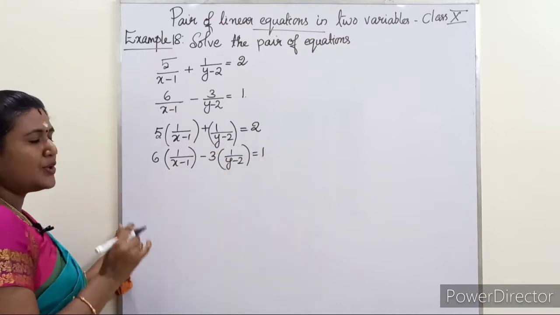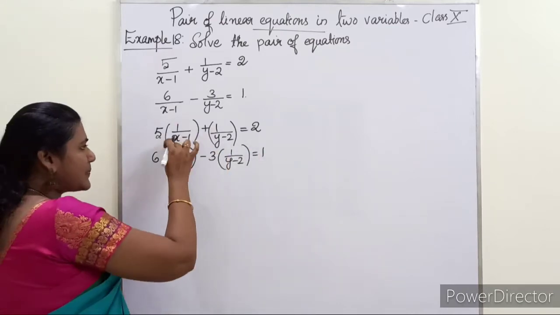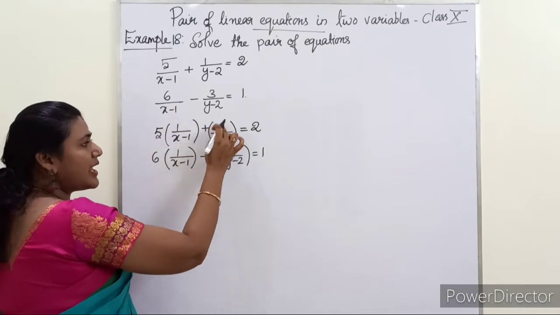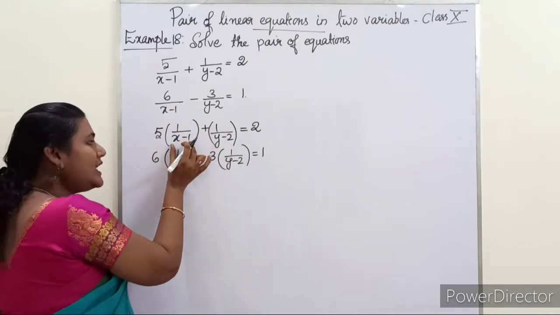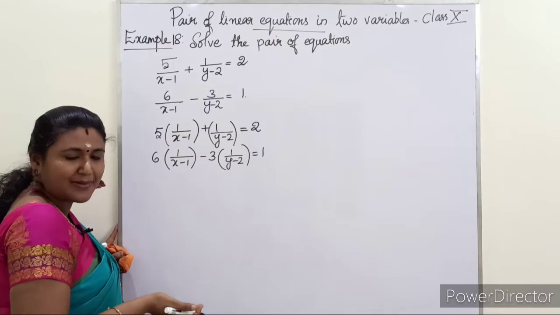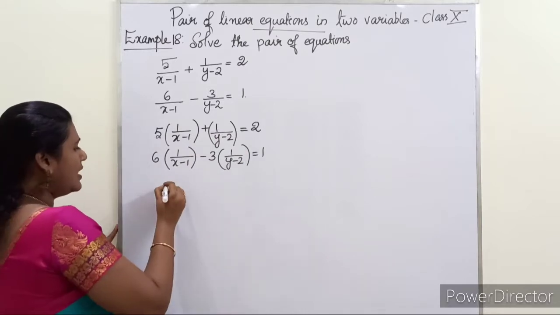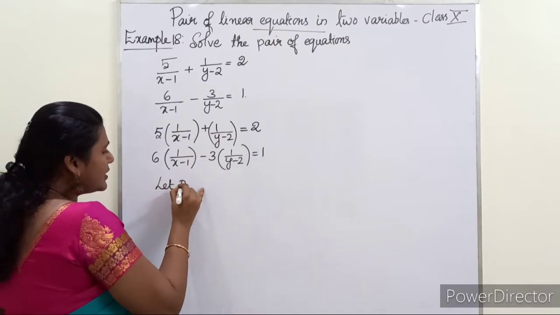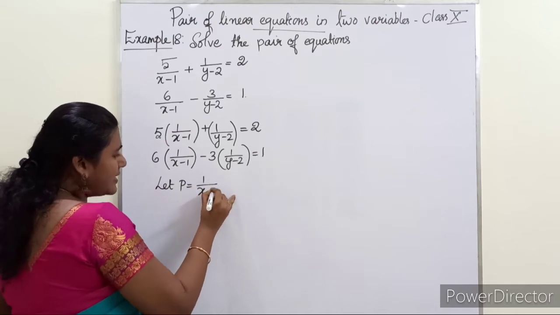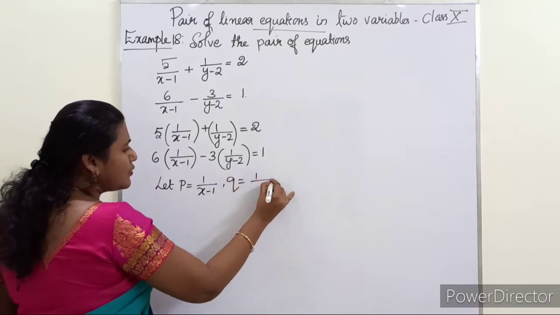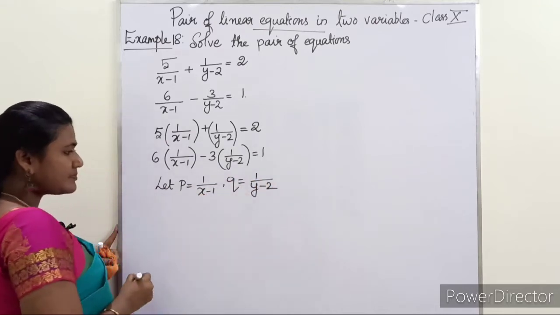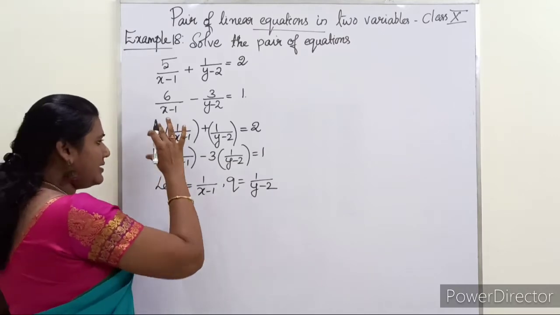So here you need to substitute for these expressions, 1 by x minus 1 and 1 by y minus 2. Let p is equal to 1 by x minus 1 and q is equal to 1 by y minus 2.